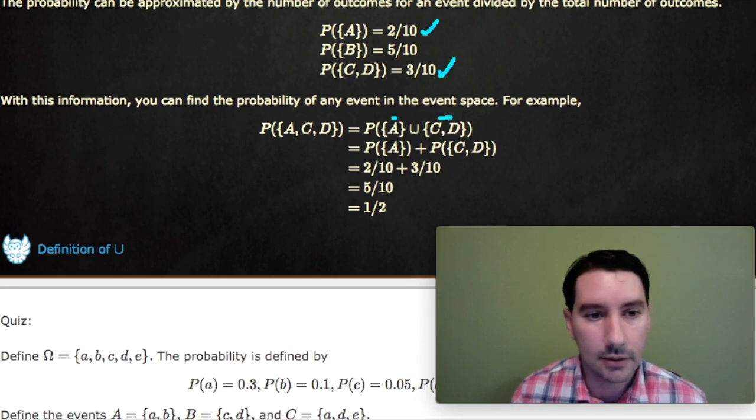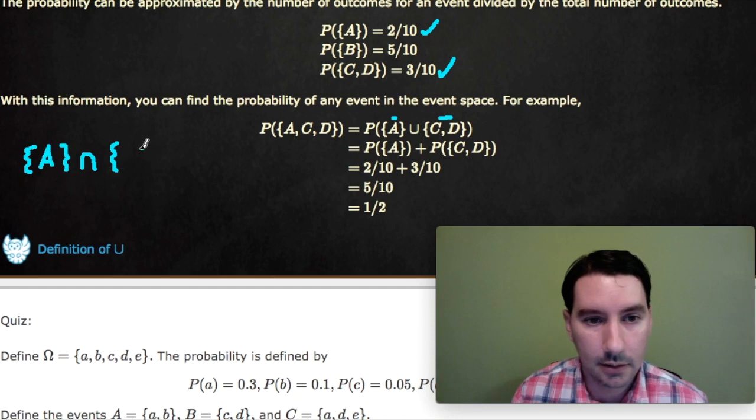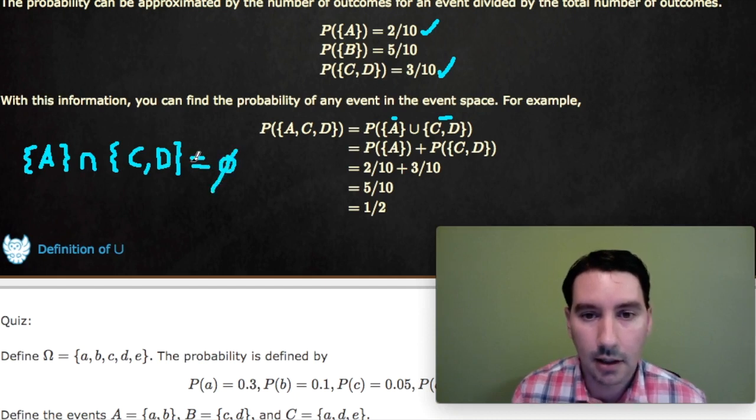Now these are disjoint, right? Meaning that the set containing A intersect the set containing CD is empty, right? There's no overlap between A and CD. And therefore we can use the property of probability, that the union of the sets is the sum of the probabilities.